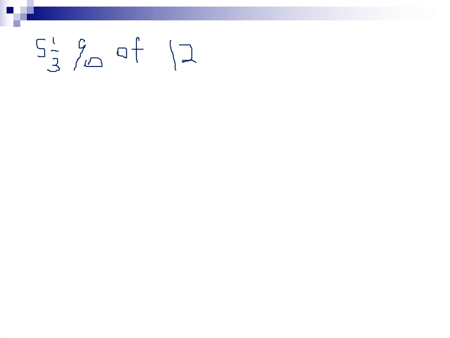So we're going to look at setting it up how we did before, and we're going to turn this into an improper fraction. So this will be 16 over 3. Just don't forget to do that one last step, okay? So 16 over 3, basically over 100.